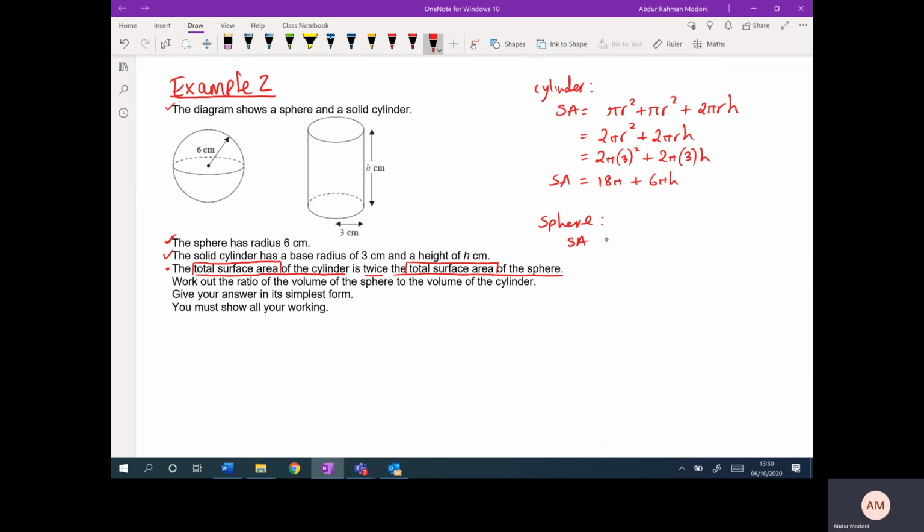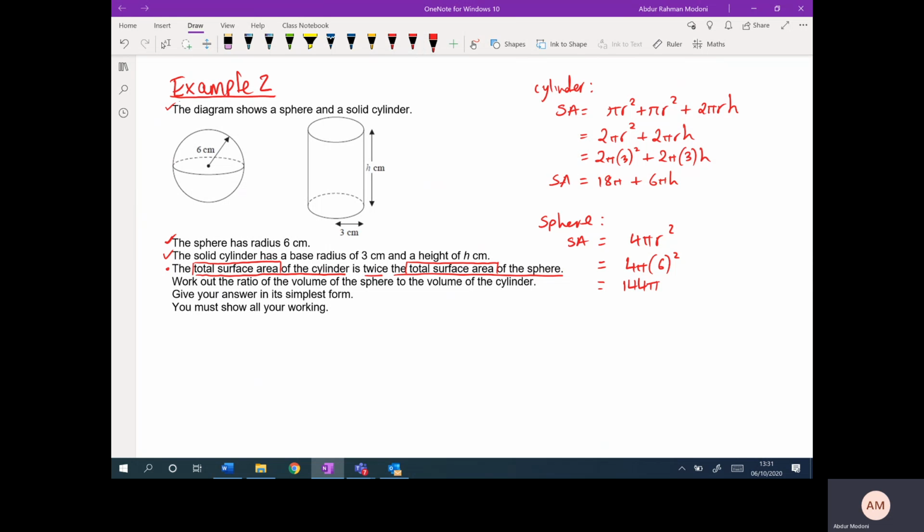Surface area of a sphere is equal to 4 pi r squared. And we know the radius of this sphere, so we can put that in: 4 pi 6 squared. So then we get 36 times 4, which is 144 pi.